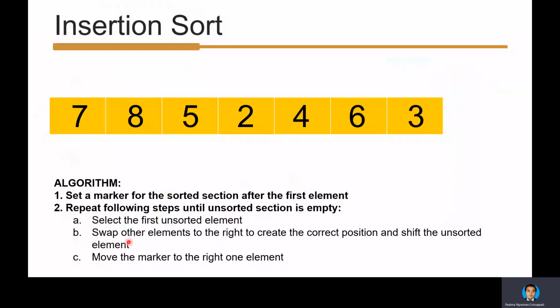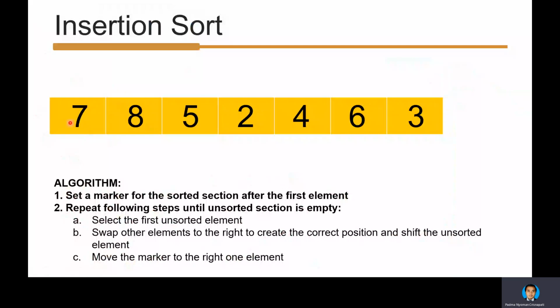The second is to swap other elements to the right to create the correct position and shift the unsorted element. And the last one is to move the marker to the right one element. So this is a loop condition.